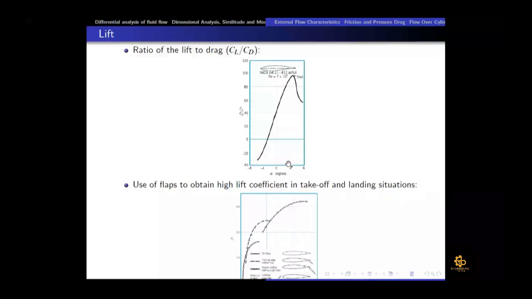So we want to keep it between 0 and 2, because we don't want CL upon CD at its maximum value if the aeroplane is going to crash, right?